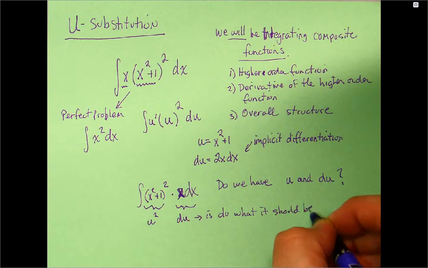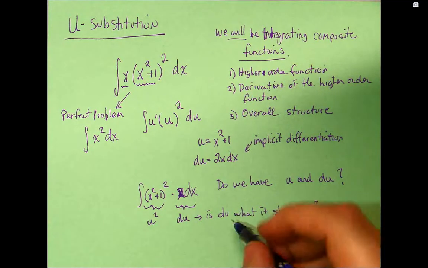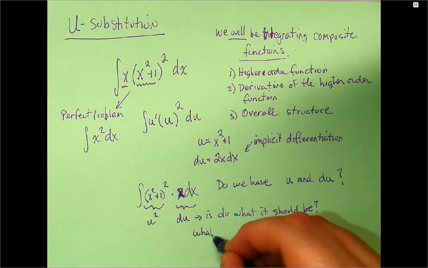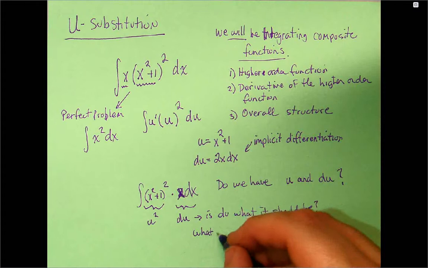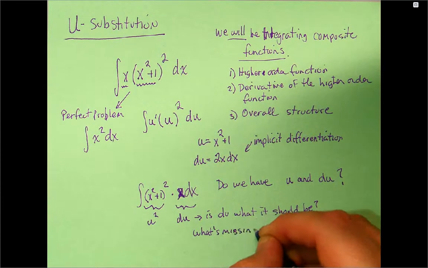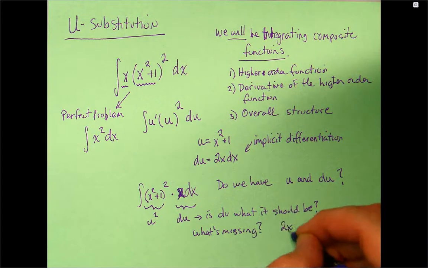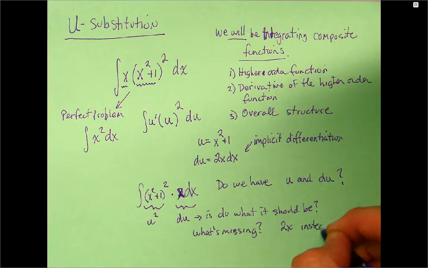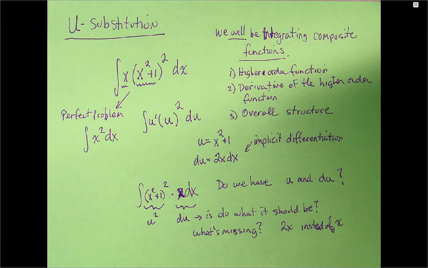What's missing? Since it's not what it should be, what's missing? A 2x instead of x, right? Now how do we rectify that situation? Here's what you do.